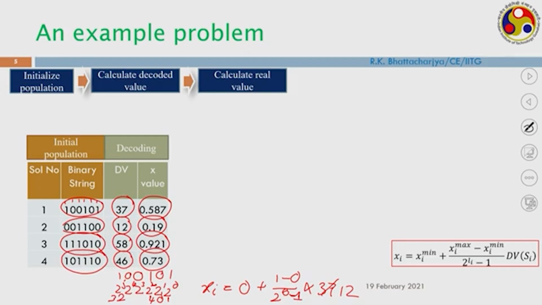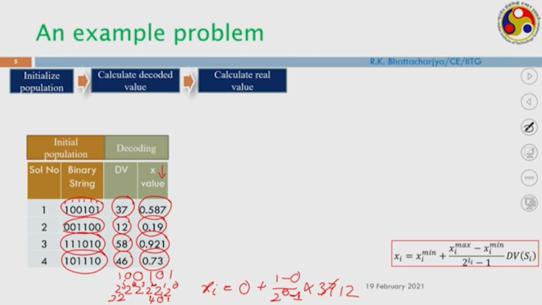Now, this is one way to initialize the population. You initialize the population as a binary string, then you get the decoded value, and then you find out the x value. I can also do it in reverse order. I can generate the x value randomly. What is my upper bound and lower bound? I know that the lower bound is 0 and the upper bound is 1.